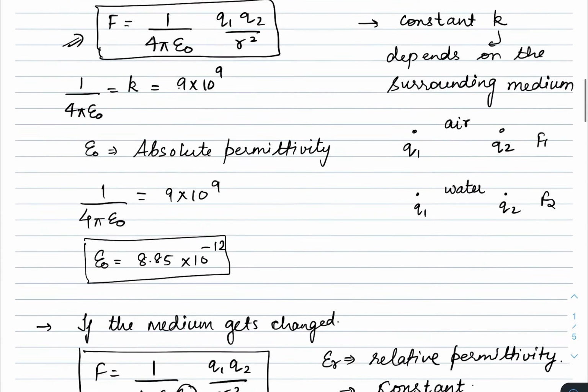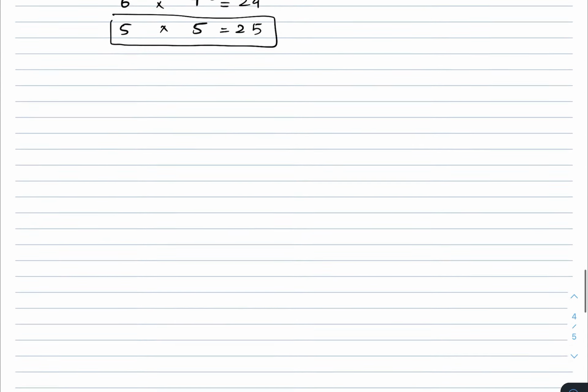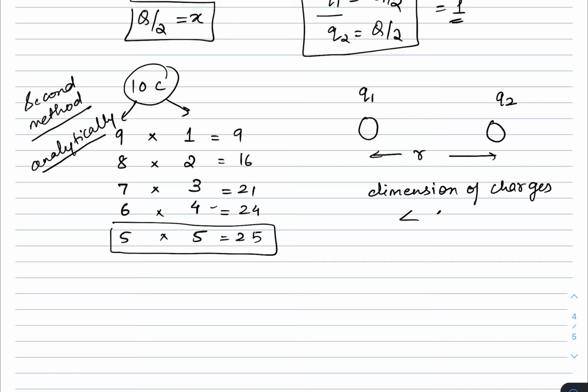Now let me tell you what a point charge is. A point charge can be a bigger body if the dimension of the charges, say two charges q1 and q2, is very, very much less than the distance between them.